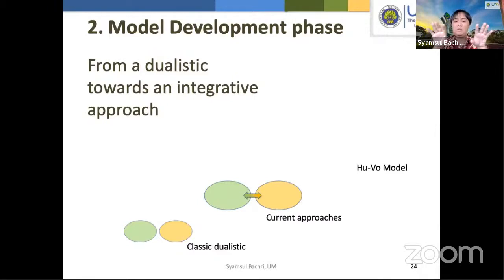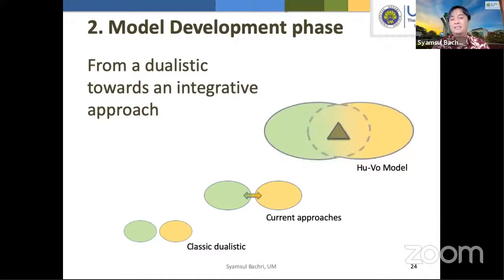This is the classic dualistic. But now in the current approach, the physical situations and the community have links. But in my UFO model, the physicals and the socials become like this. Why?